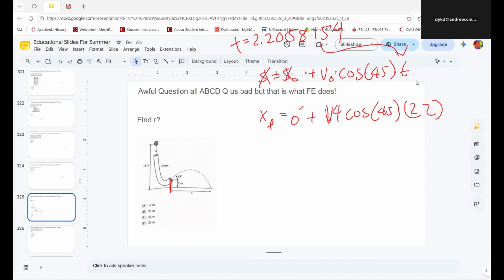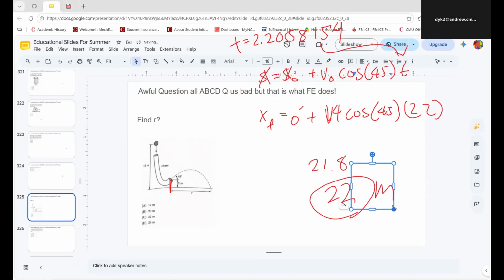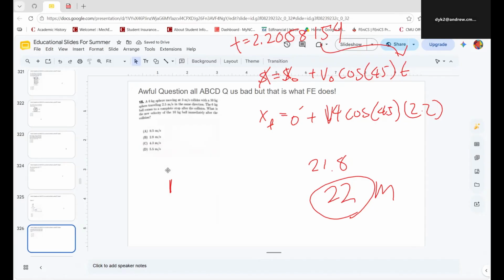I got 21.8, and I think they rounded up to 22 meters. So we'll say the answer is C and move on, because it's probably the right answer. You can work on it more, but I'm satisfied with my answer.